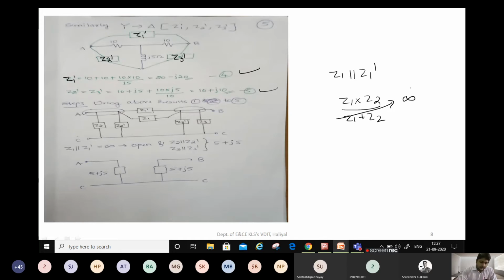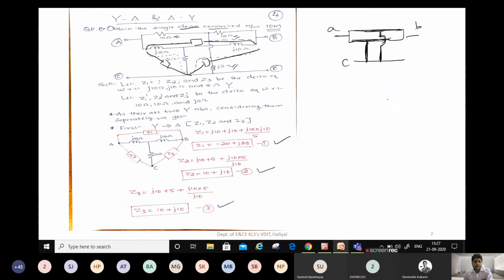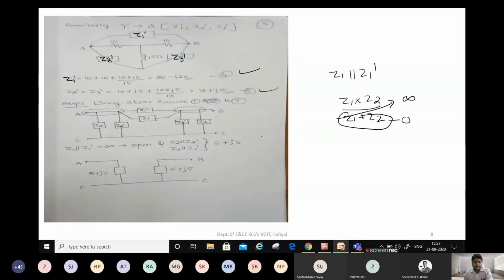So this you can do in the calculator. That means this denominator value will be 0. Anything divided by 0 will be infinite. So you can just observe here what is the Z1 and what is the Z1 prime. If you do this and calculate, you will get that thing.